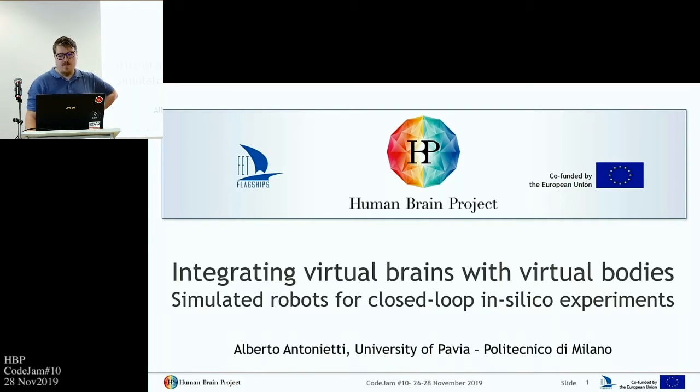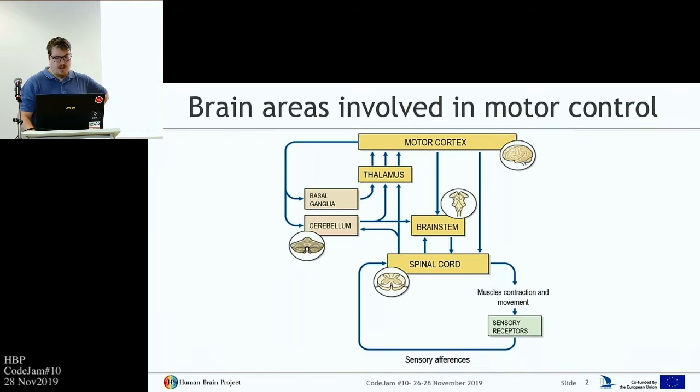into virtual experiments, in silico experiments, and so integrating the virtual brain, well, the virtual cerebellum, in this case, with a virtual or a real body. So we will stay in the area of motor control.